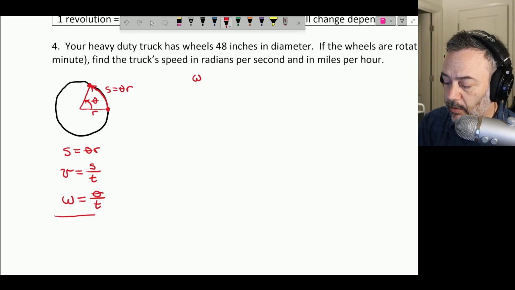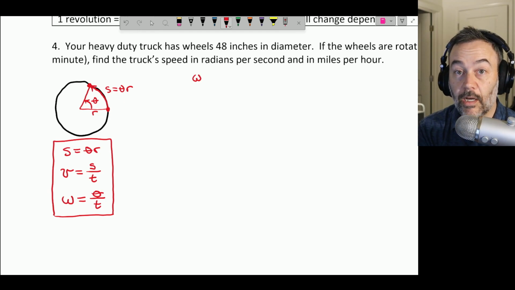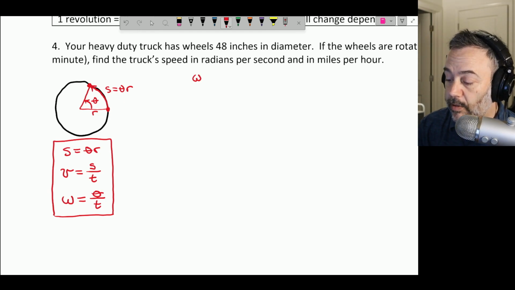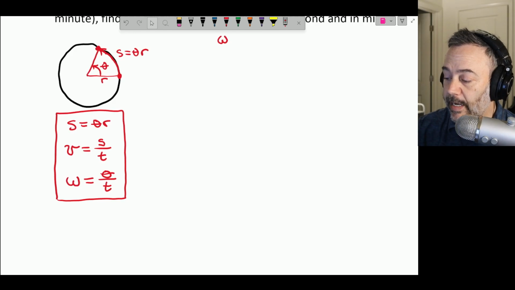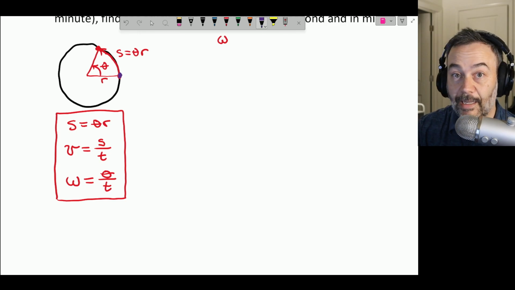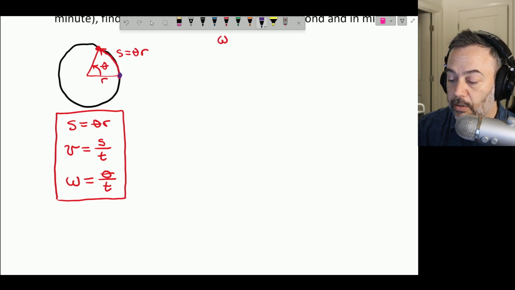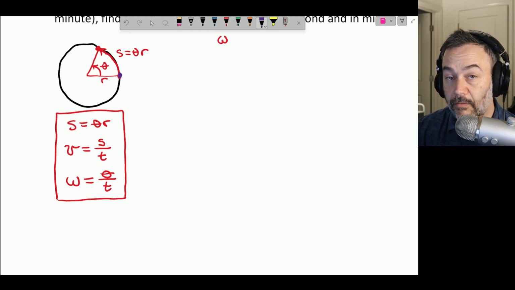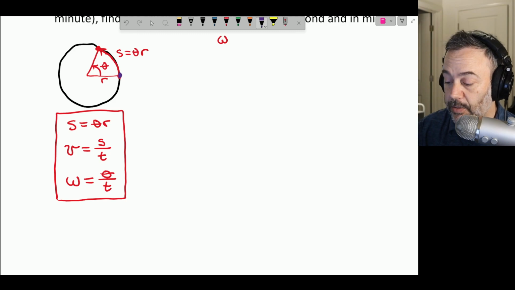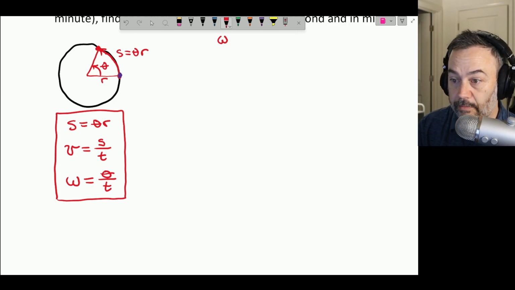So these are all equations to know, but what it allows us to do is derive a formula for the velocity of the particle going around the circle, but in terms of the radius and the angular speed. So let me derive that for you.